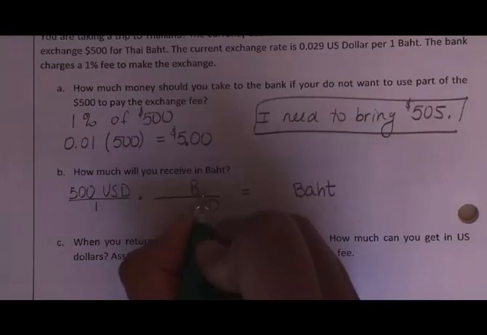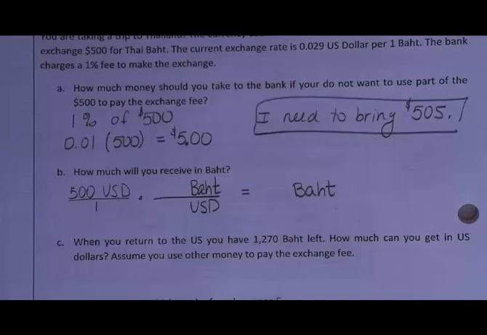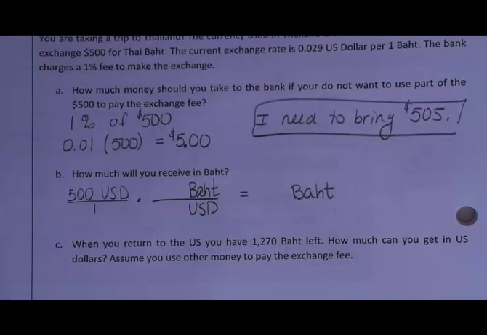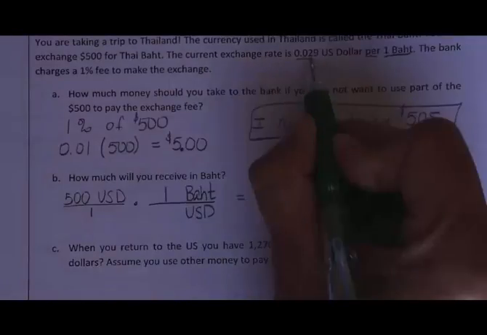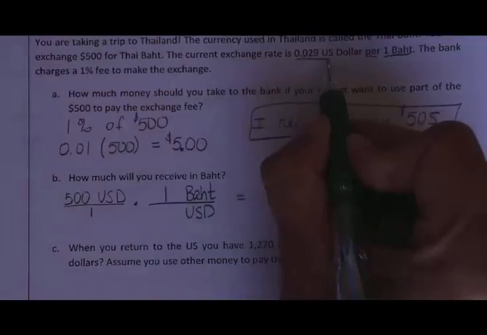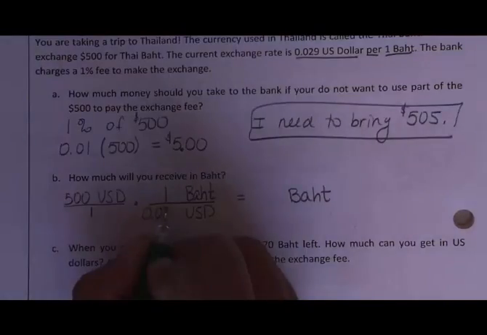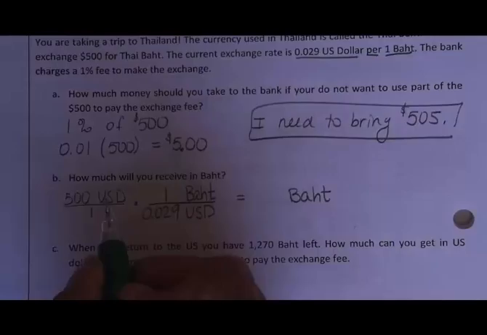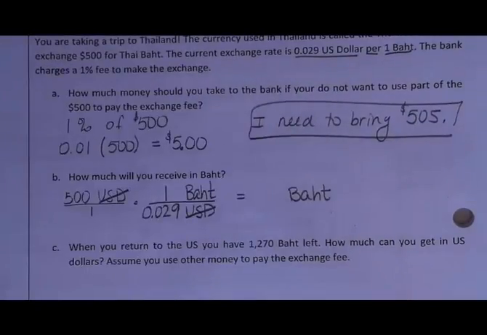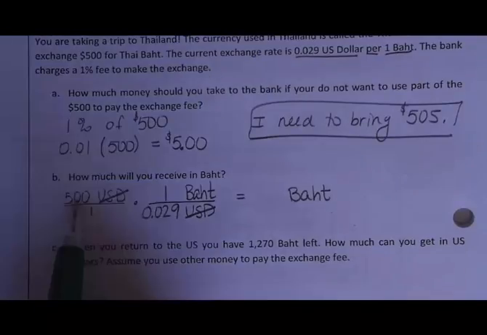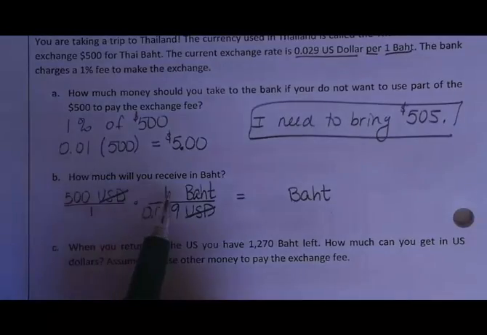So that means that any baht is going to go up top. So let's see what our actual exchange rate is. Going back up to here, I know that I have 1 baht per 0.029 US dollars. The US dollars reduce out, no more US dollars. And basically this just becomes a calculator problem, because when I multiply straight across, I'm going to get 500. And down here I'm going to have 0.029.